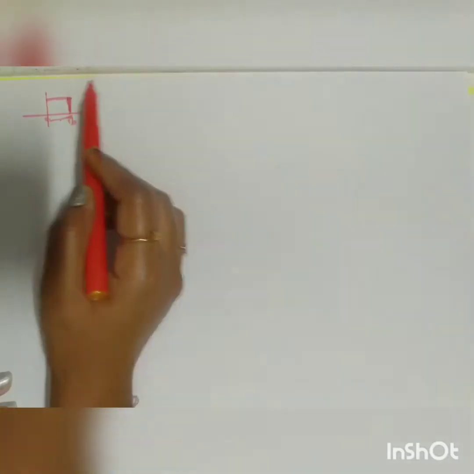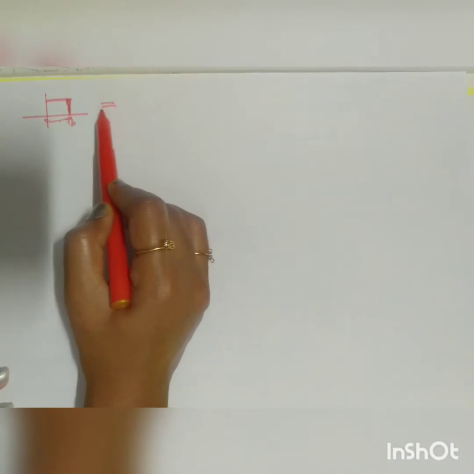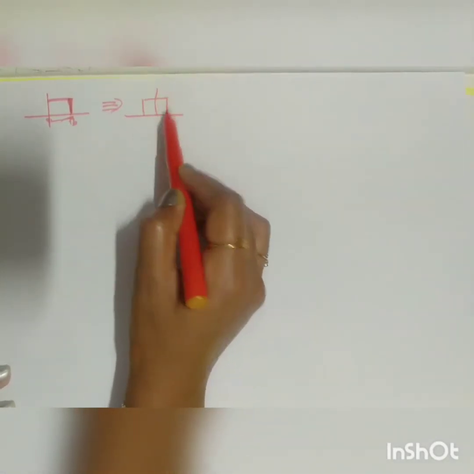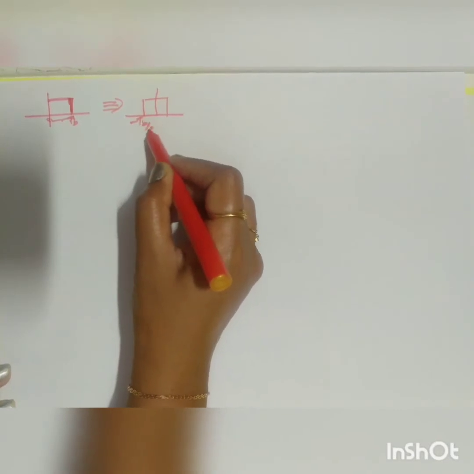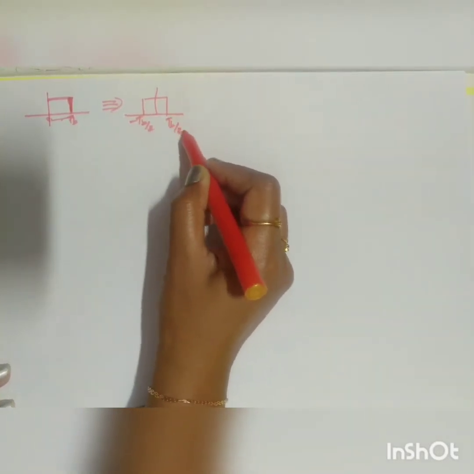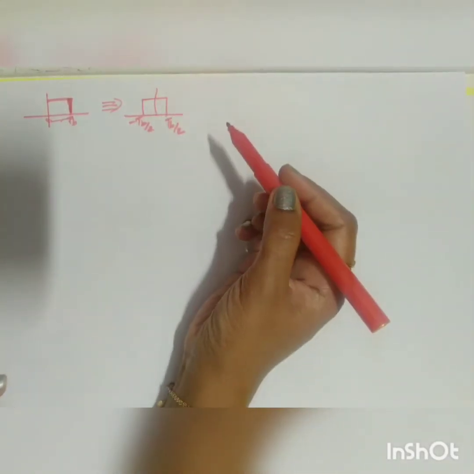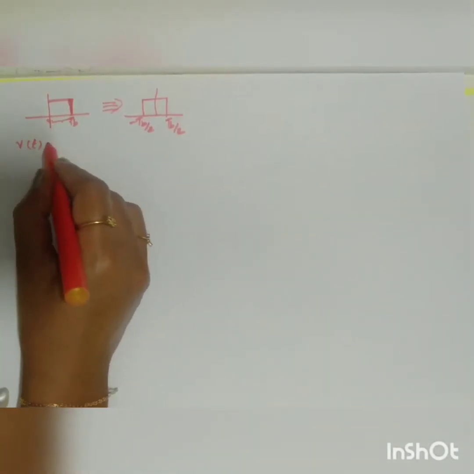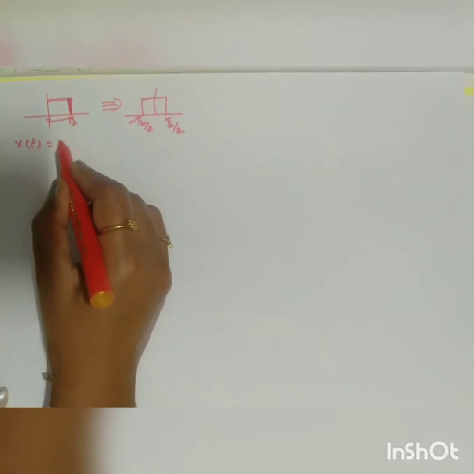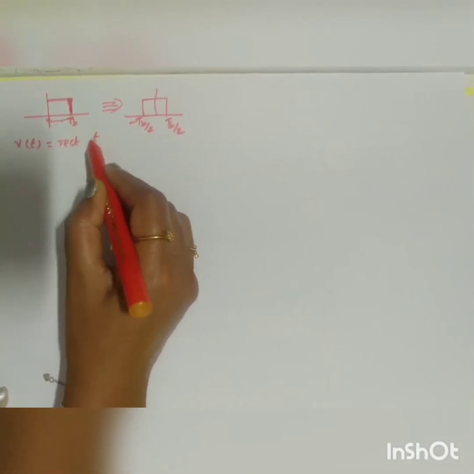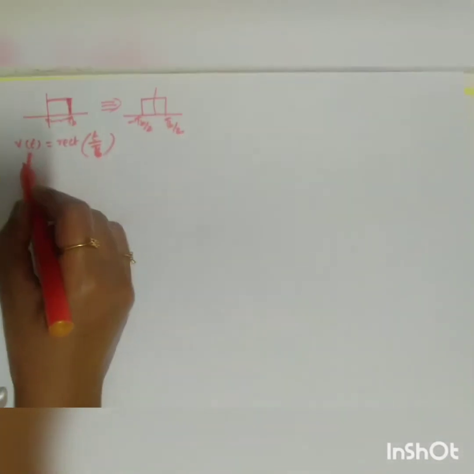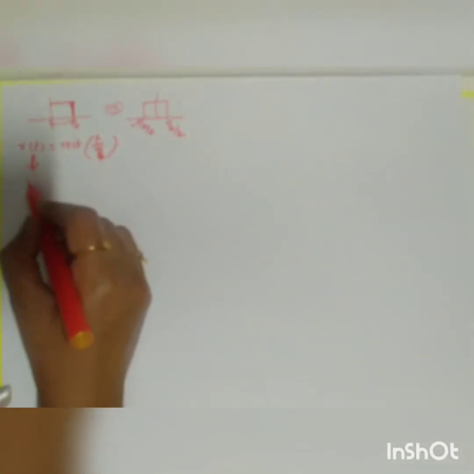So if I redraw it, it is equivalent to a rectangular pulse, right? Where you have minus Tb by 2 and this as plus Tb by 2. So I can take this as your rectangular pulse, V(t) is equal to rect(t by Tb). Okay. Now if I take the Fourier transform, we will get the signal, right?